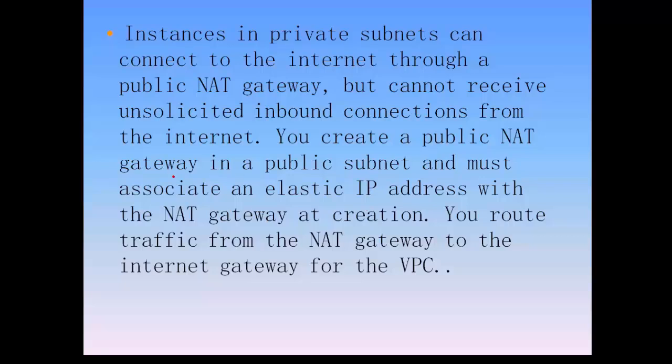So this is clear, in a public subnet. And one more thing you have to keep in mind: a NAT gateway must be associated with an elastic IP address, meaning a public IP address, at creation.